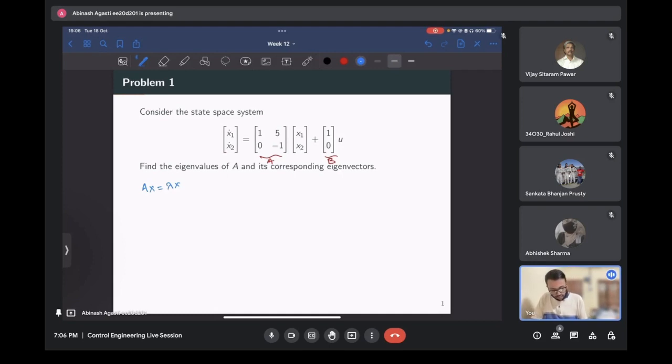So to solve for the eigenvalues, what we do is we take the determinant of lambda I minus A equal to 0, solve for lambda, then plug it in this equation, and then find all possible x that satisfy the given condition. So let us do lambda I minus A.